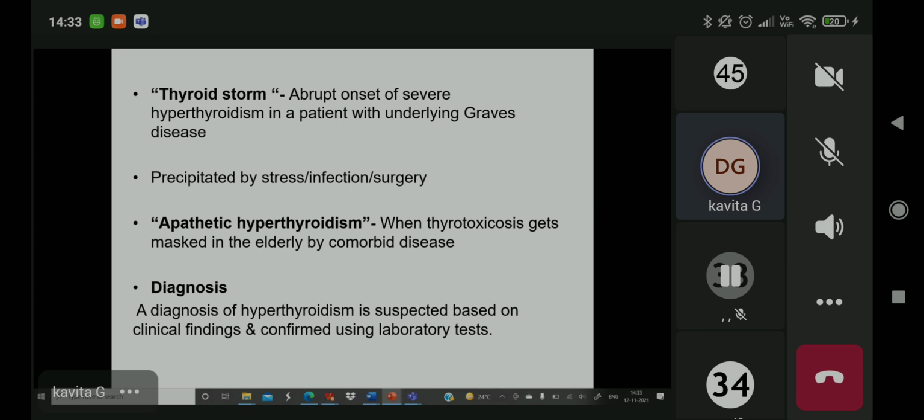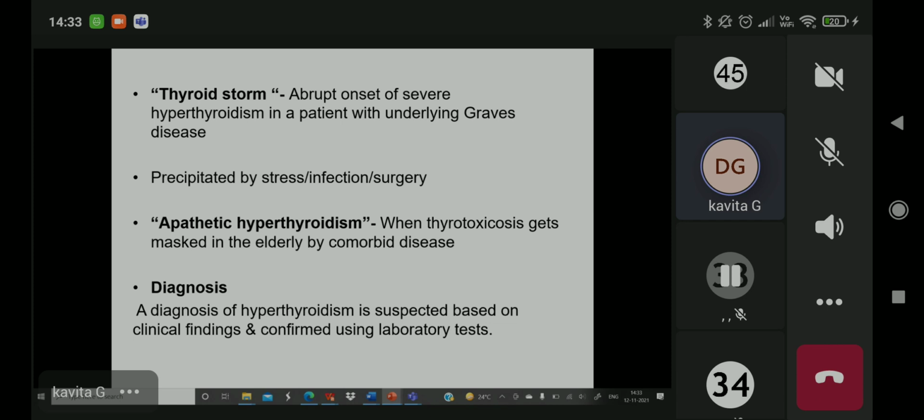What does this mean? This means that the patient that has come to you is an elderly patient. He has something like diabetes mellitus. So he had thyrotoxicosis, but then he had a concomitant comorbid disease like diabetes, and so it has not manifested.